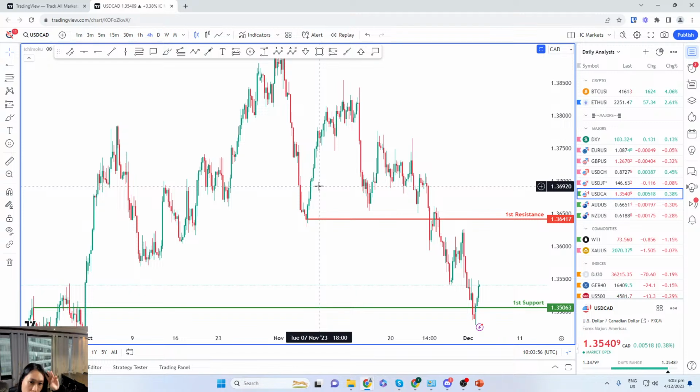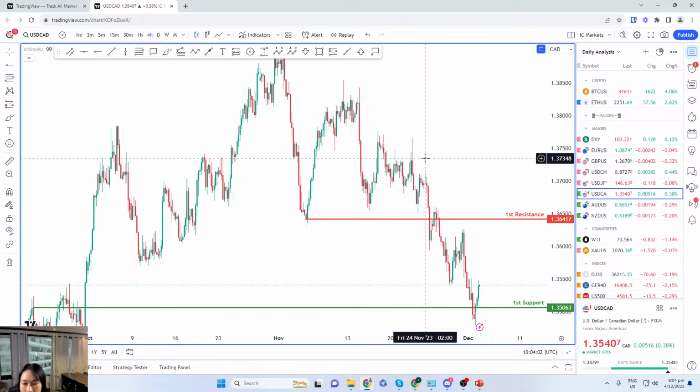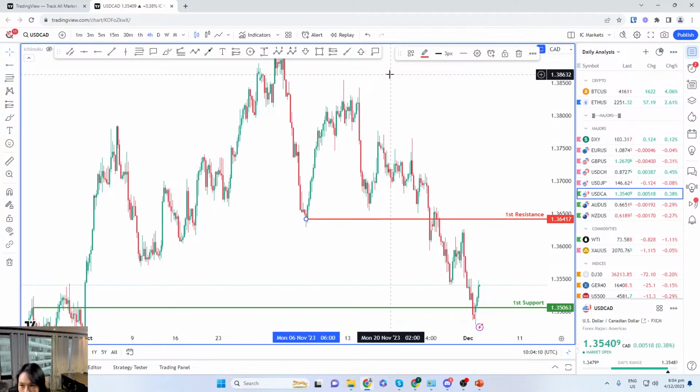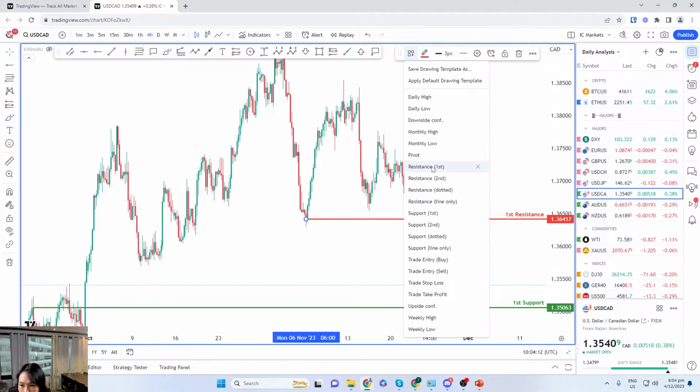Okay, let's try to identify the second resistance level. Actually, this could be the second resistance level.